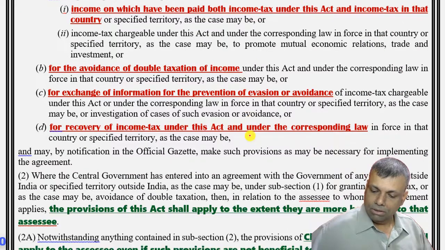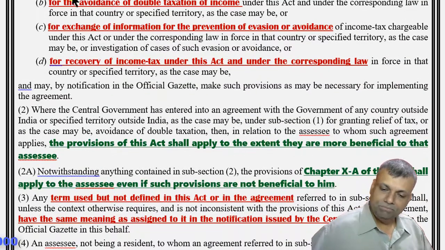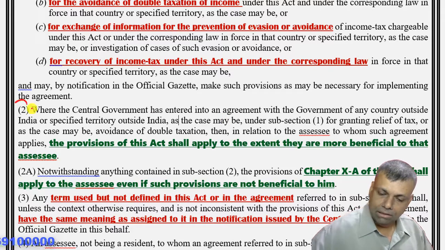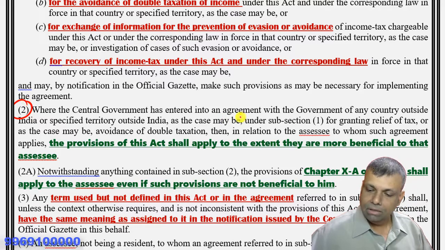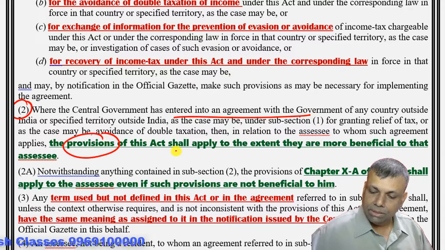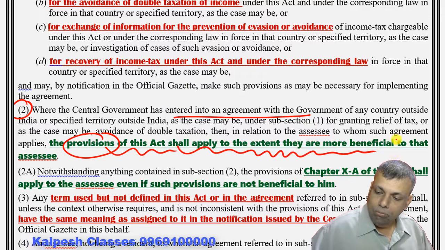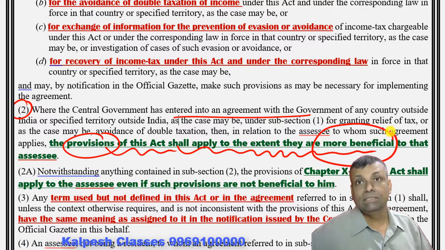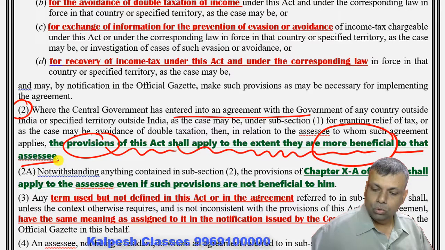Now, once this particular provision is applicable, this is one of the very, very valuable aspects of section 90 subclause 2. It says that wherever you have entered into an agreement, the provisions of this particular act shall apply to the extent they are more beneficial to the assessee.